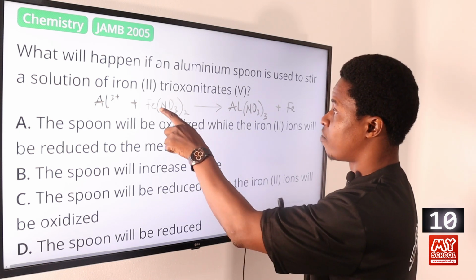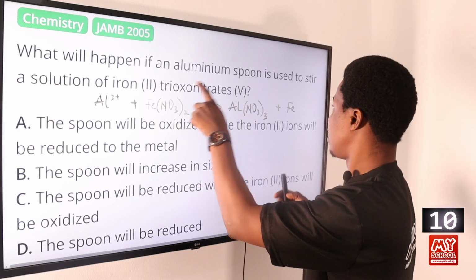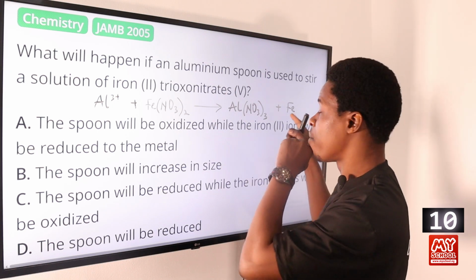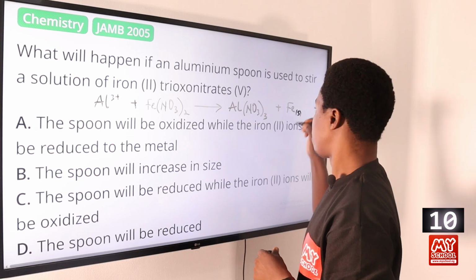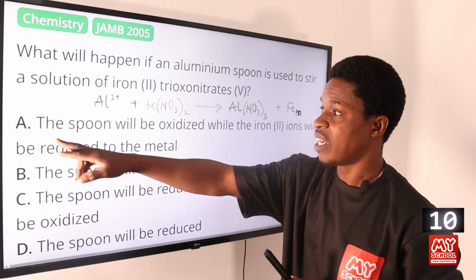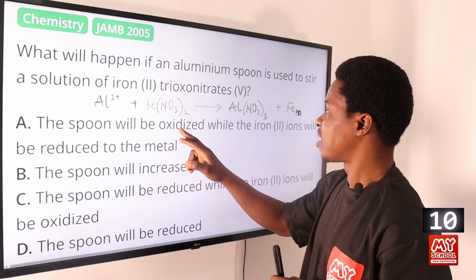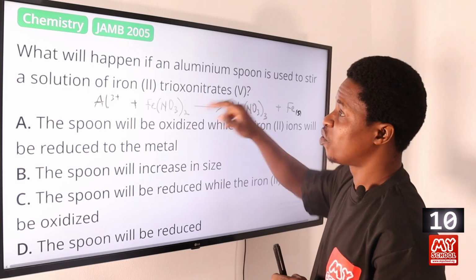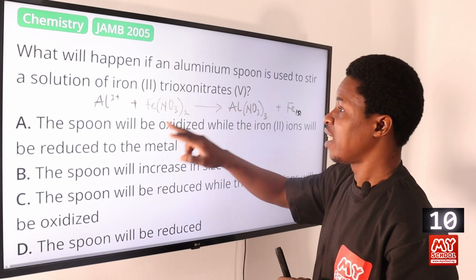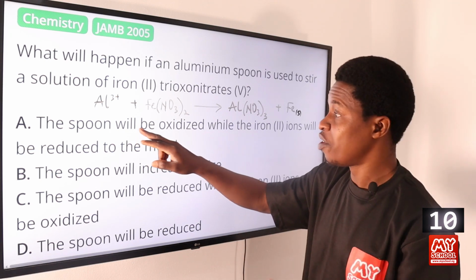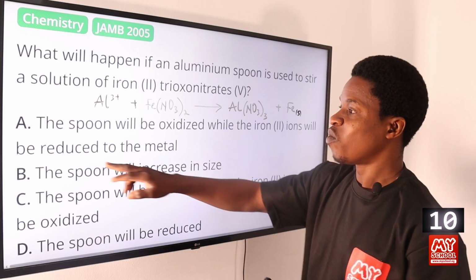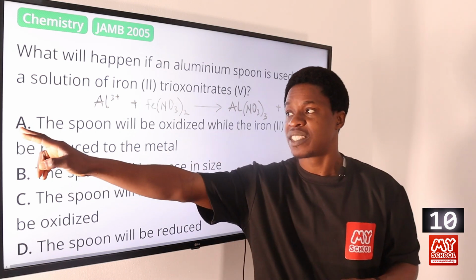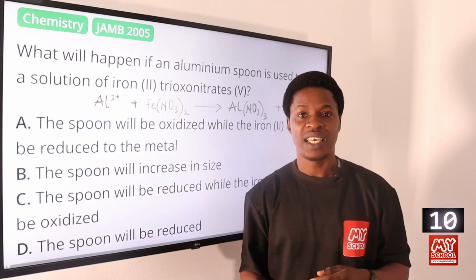We have 2 plus here, reducing to become the iron metal here. There's a reduction here, so for this, that's solid. So here now, the solid spoon will be oxidized. When an aluminum spoon is used to stir a solution of iron 2 trioxonitrate, the spoon, because it's made up of aluminum, will become oxidized, while the iron 2 ions will be reduced to the metal. So the correct answer is option A.